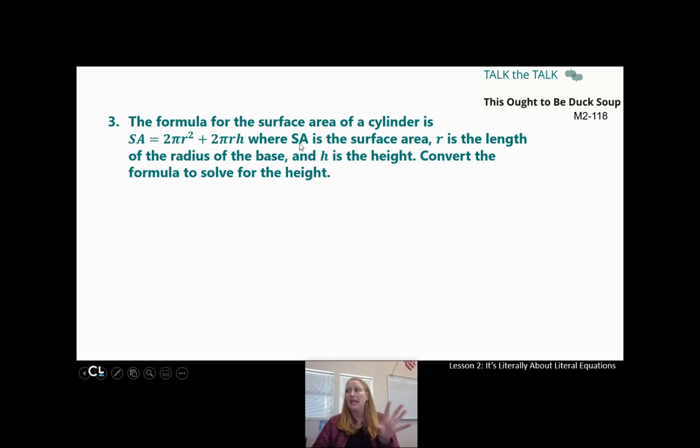Of course, SA is the surface area, R is the length of the radius of the base, and H is, of course, the height of our cylinder. So you know what's coming up. I want you to convert this formula to solve for the height. Get the H all alone. Go ahead and hit pause to work this out, and then hit play when you're ready to check your work.